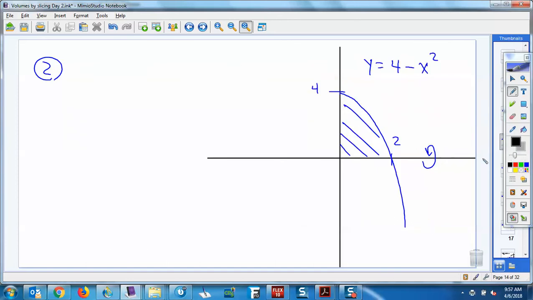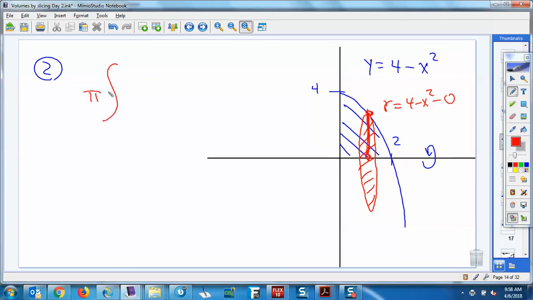Okay, let's go to this one. Going to this one, same thing. We're going to have our strip right here. We're going to revolve that region around, and sure enough, we're going to end up with this slice right here. You don't have to draw that slice every time, but just understand that the strip is the radius of that slice. And so all we have to do is top y value, which would be that curve, minus the bottom y value, which is 0. So that's pretty basic.